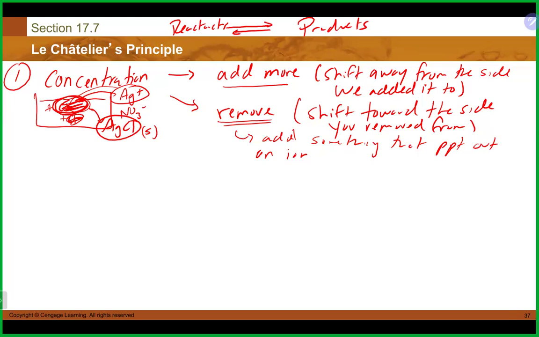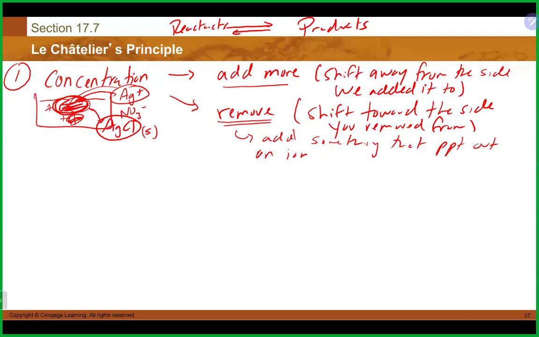That is a very common way that you can remove something from a solution: add something that's not part of the equilibrium, but that will react with something in the equilibrium to make a solid. And remember that in the equilibrium we don't include solids. So that is, again, essentially like reaching in there and taking it out.